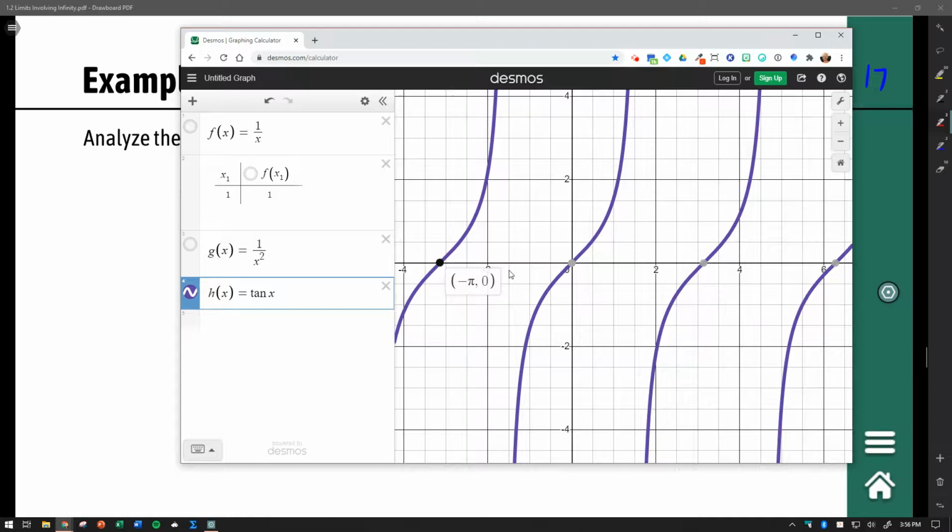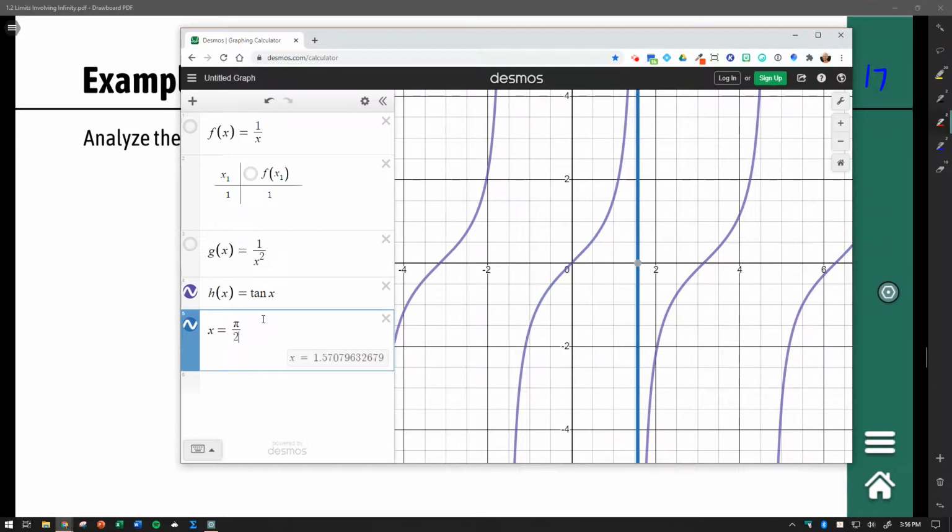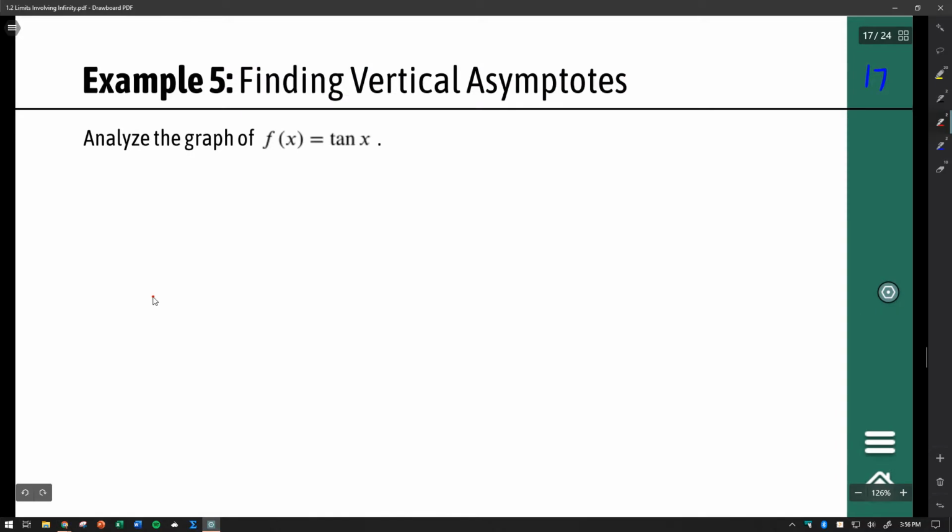It looks like odd values of pi over 2 are the places where we have them. In fact, let's check that out. x equals pi over 2: yep, there's a vertical asymptote. What about at 3 pi over 2? Yep. What about at negative pi over 2? Yeah. So there it is. Every time we have an odd multiple of pi over 2, we've got another vertical asymptote. From the left, we're approaching infinity, and from the right, we're approaching negative infinity.